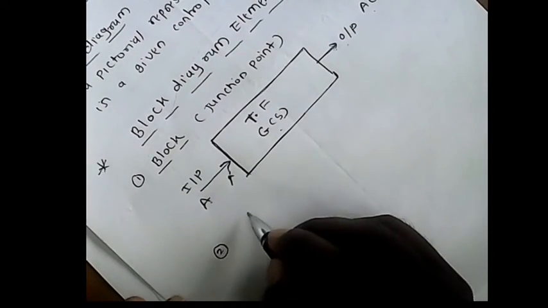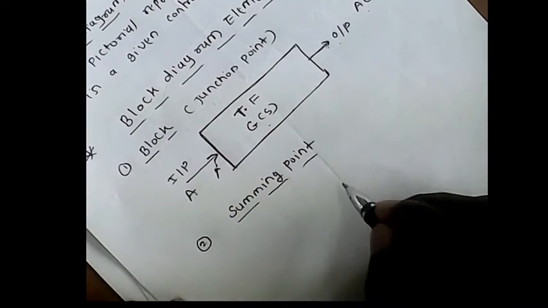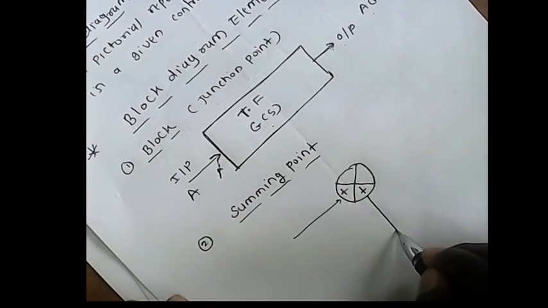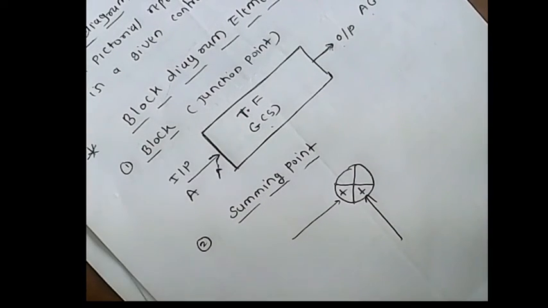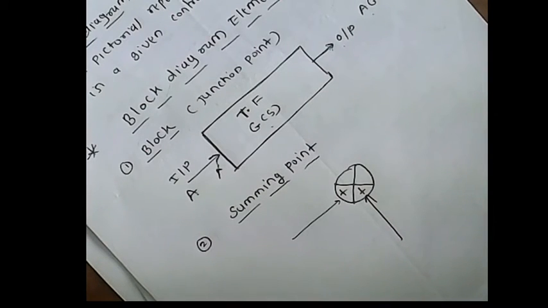Now the second element, that is the summing point, which is represented basically like this. A summing point is a point where two or more signals are combined, added or subtracted.